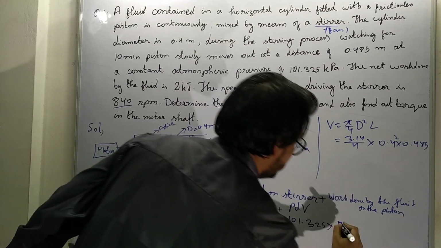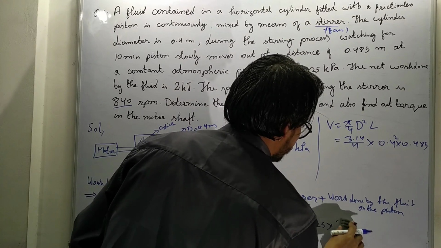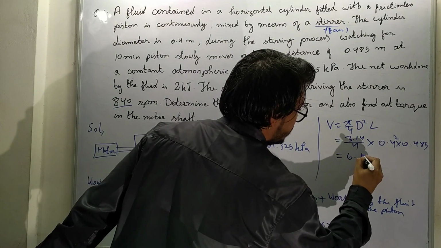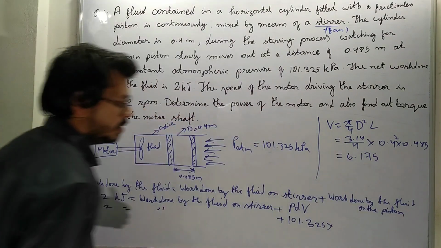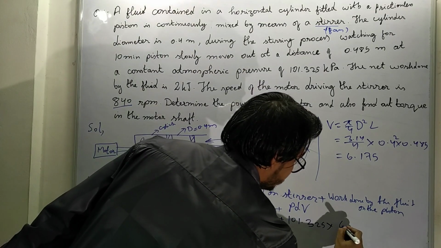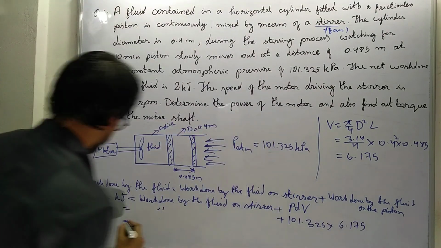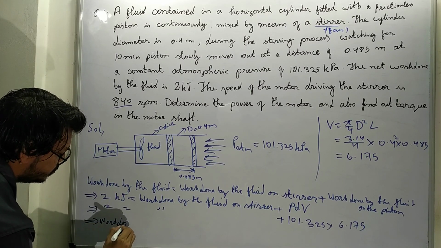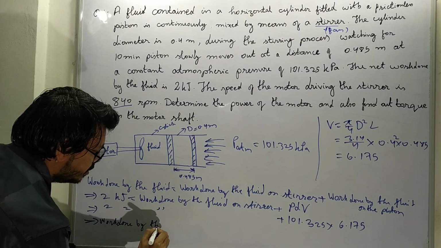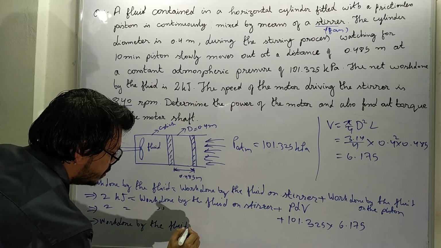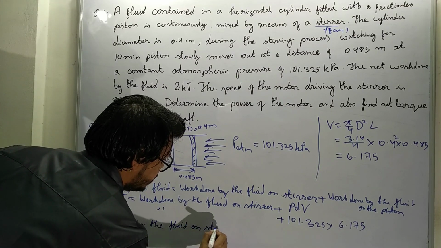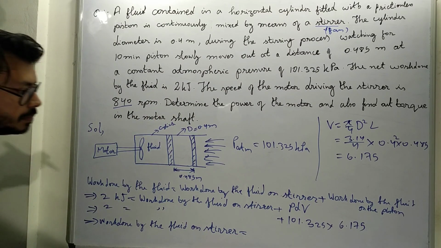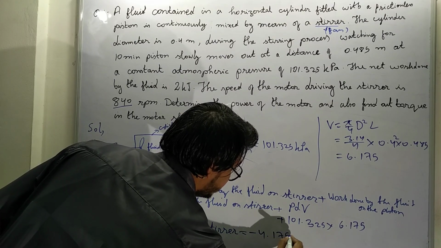So we can put this value. We will get the value of this as 6.175, and we substitute this value here. From here we will get the value of work done by the fluid on stirrer is equal to minus 4.175 kilojoule.